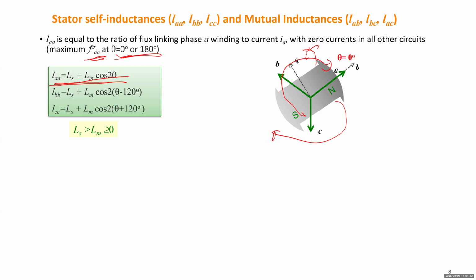For LBB and LCC, we simply add a negative 120-degree phase and a positive 120-degree phase, because B is lagging A by 120 degrees. If the rotor revolves 120 degrees, then LBB will reach the maximum value. Then with a further turn of another 120 degrees, LCC will reach the maximum value.